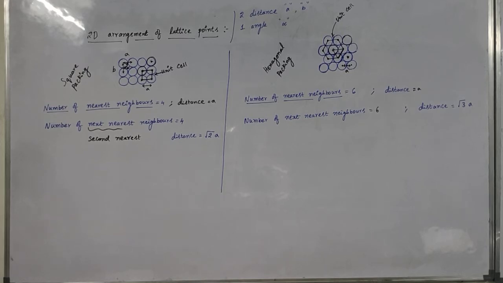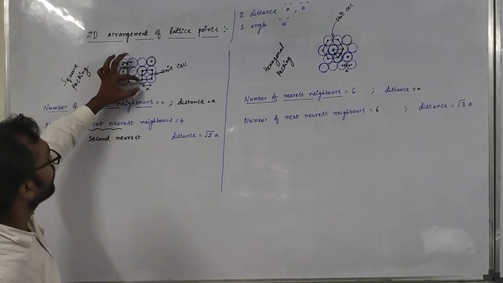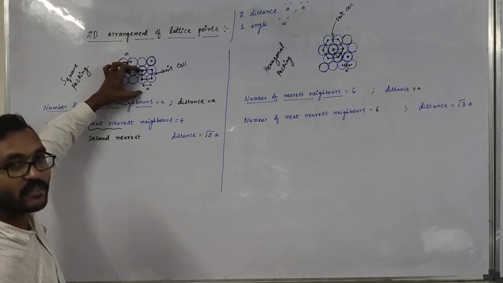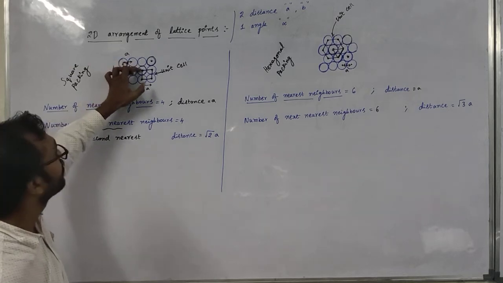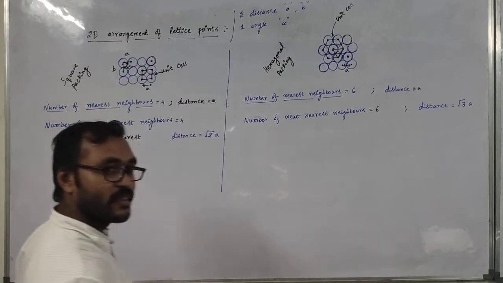How many third nearest neighbors are at a distance of 2a? This is a and this is again another a. So then this will be 2a. So 1, 2, 3, 4.